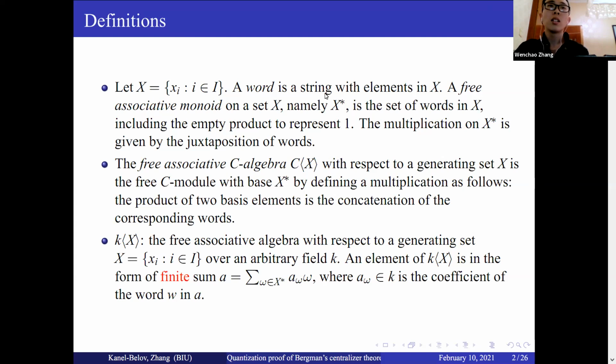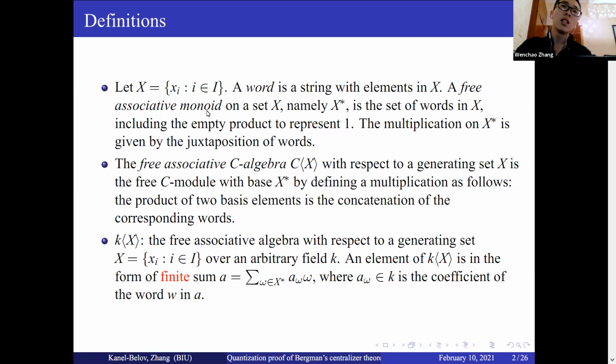So we define a free associative monoid on a set X, namely X star. It's the set of all words in X. So this is a free monoid, including the empty product to represent one, and the multiplication is given by the juxtaposition of words.